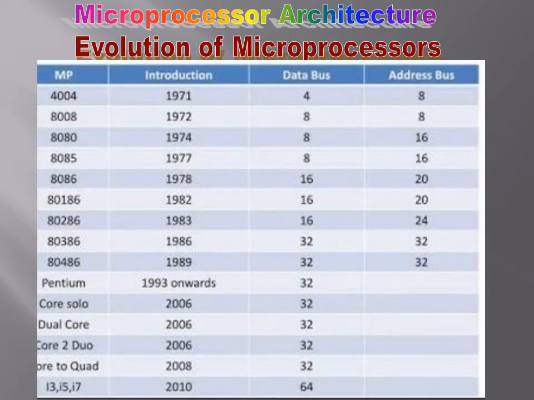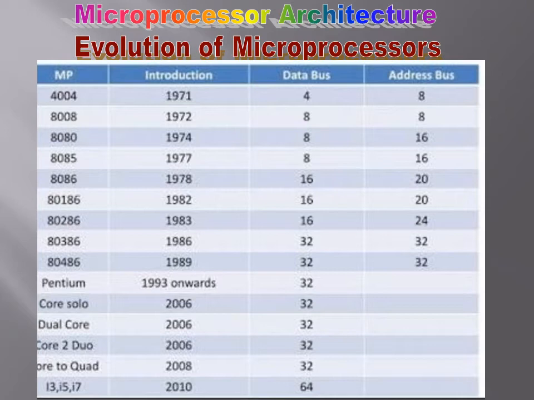If we look at the evolution of microprocessor chips, we start from the early 70s with the 4-bit processor 4004 in 1971, a processor with a 4-bit data bus and 8-bit address.